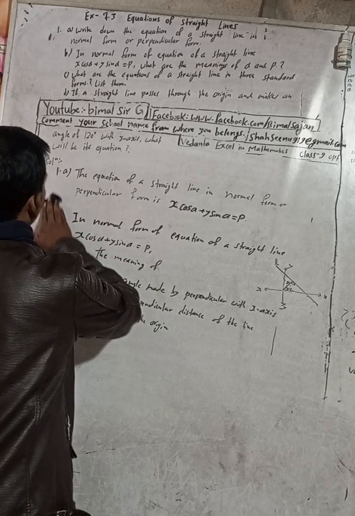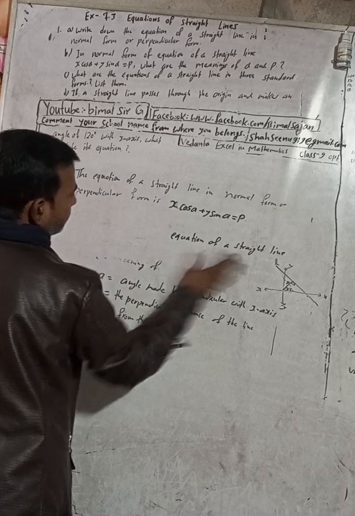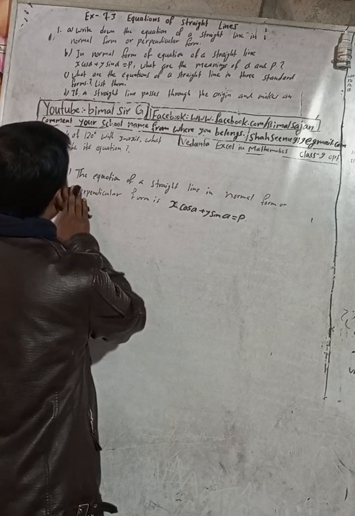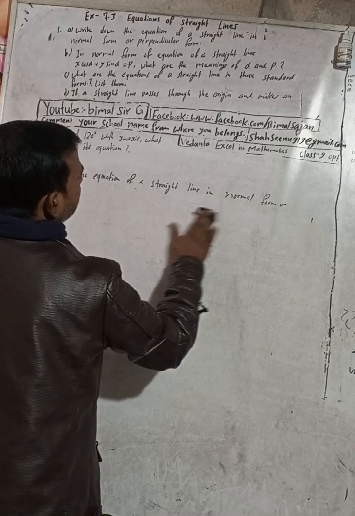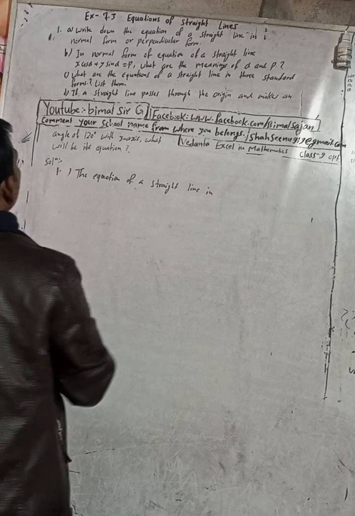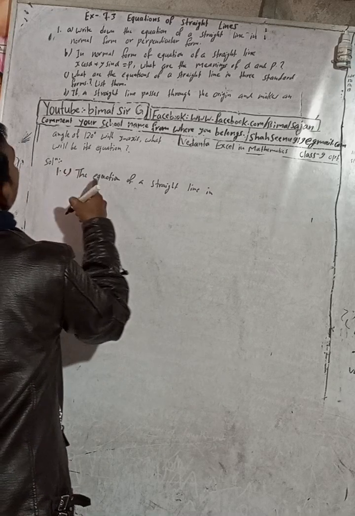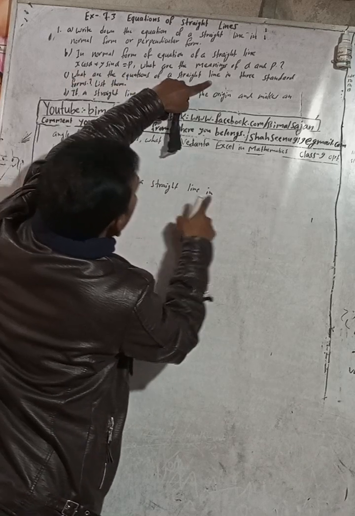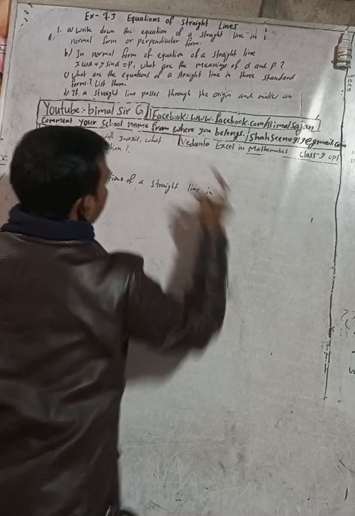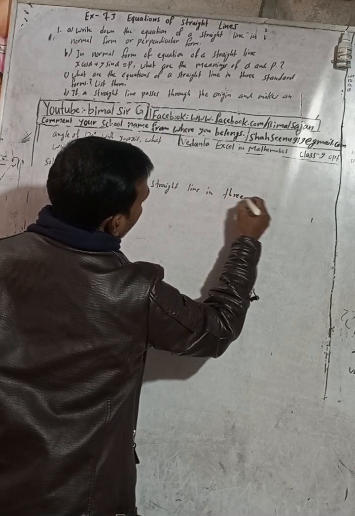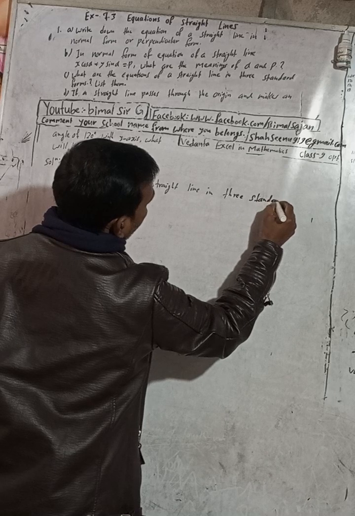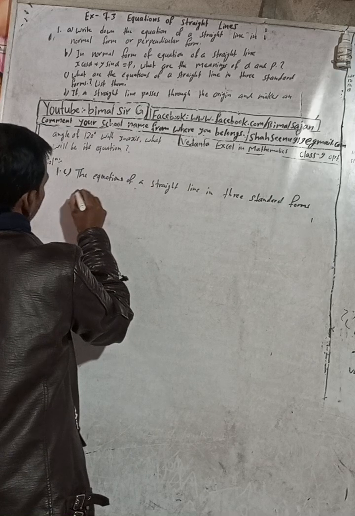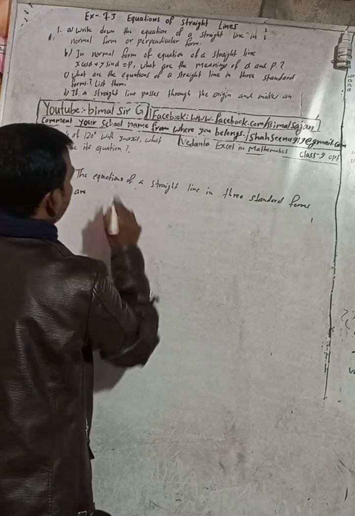So the equations of a straight line in three standard forms are as follows.